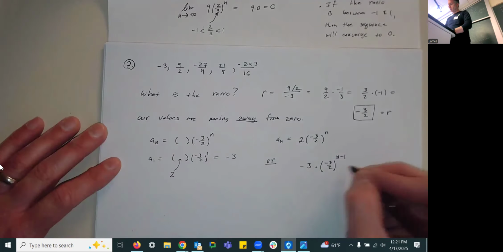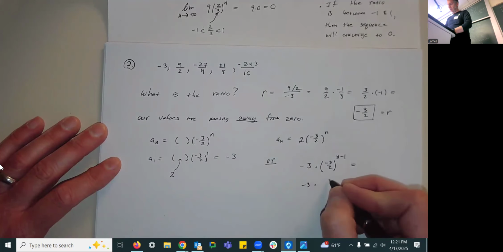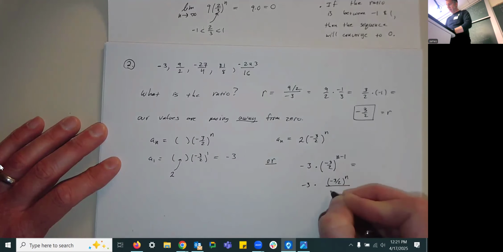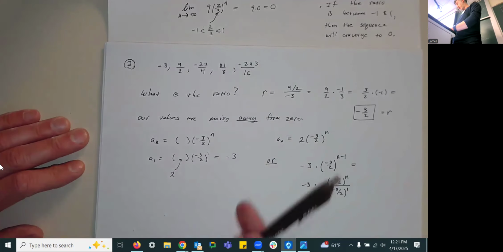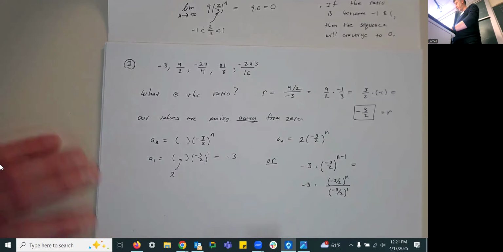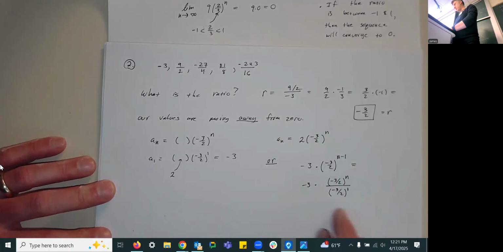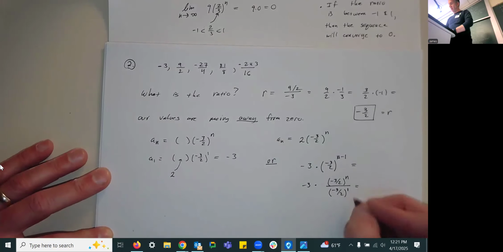If you want, you can think about this as -3 times -3/2 to the n divided by -3/2 to the 1. If you divide those by each other, what do you do with the powers? You subtract them, so n minus 1. And then you can multiply by negative 2/3 instead of dividing by negative 3/2.